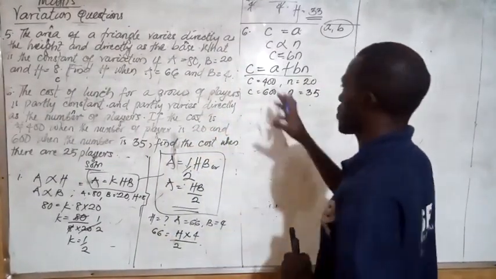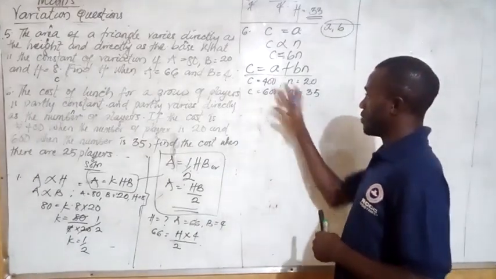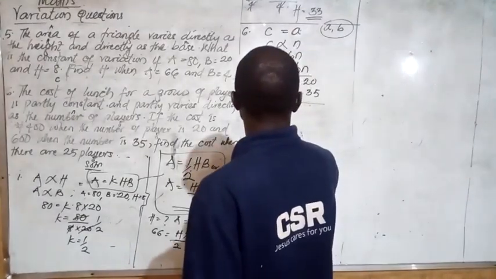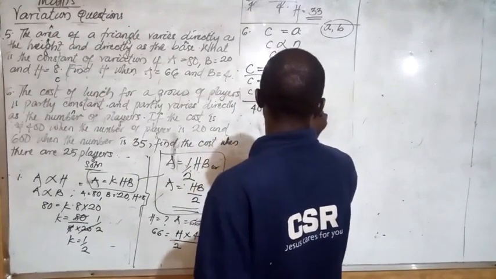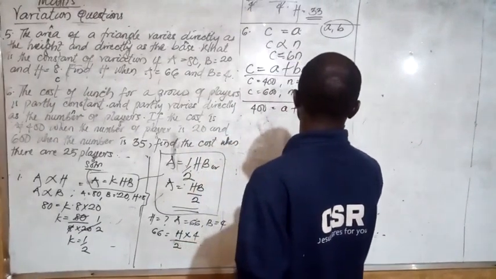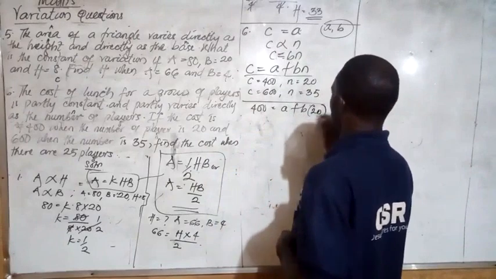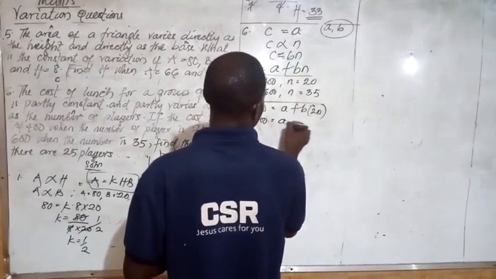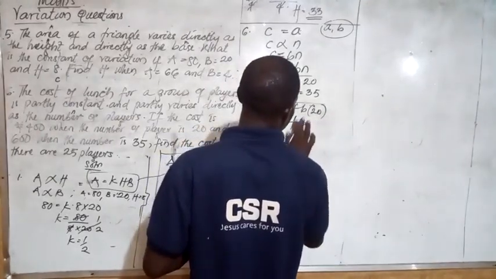So all we do is plug the given values into the equation. So we have 400 equals A plus B into bracket 20, which becomes 400 equals A plus 20B.